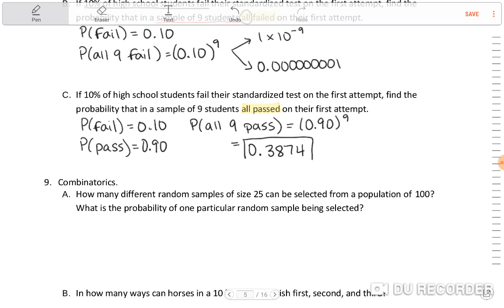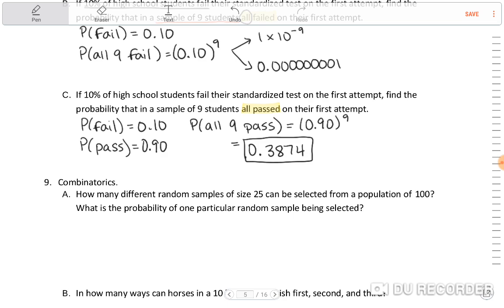Not as high as I had thought it was going to be, right? But again, we notice when you see something that says probability that all, this is your setup. The probability that all, whatever, this would be your setup.